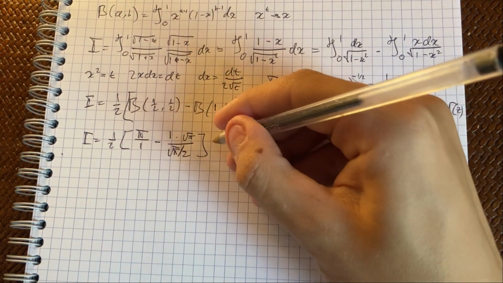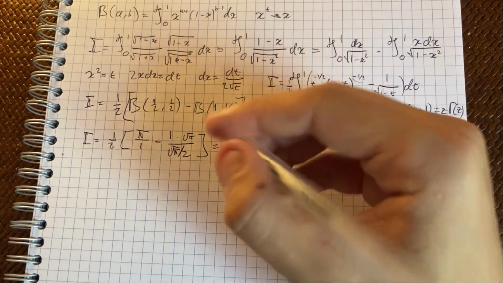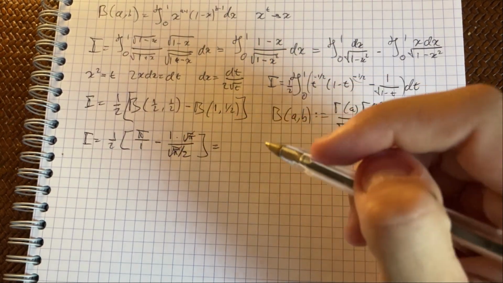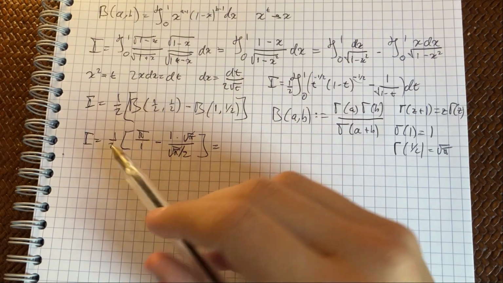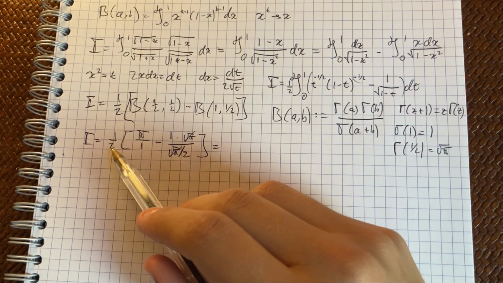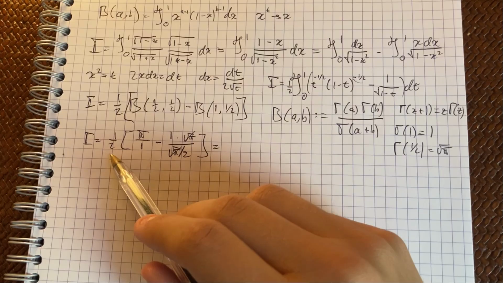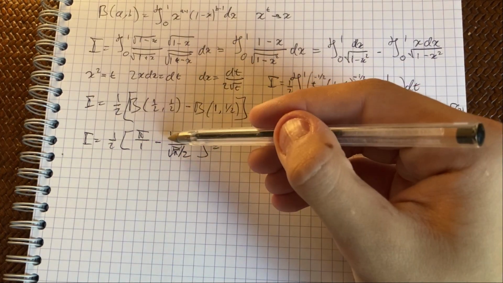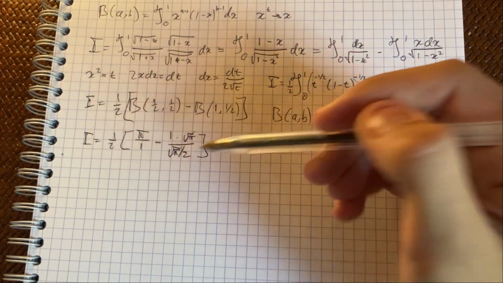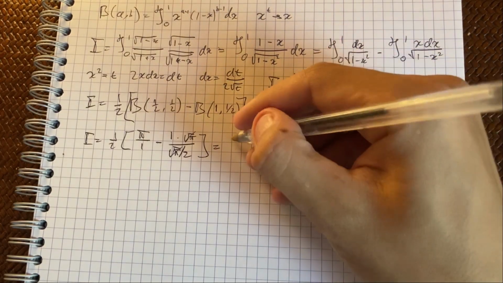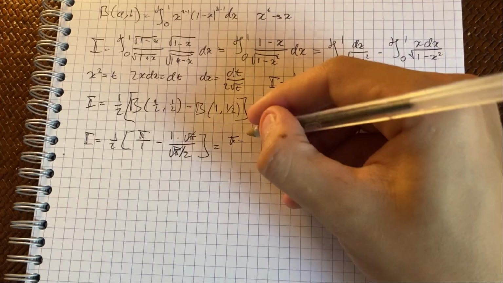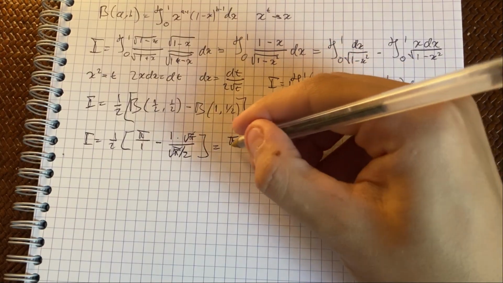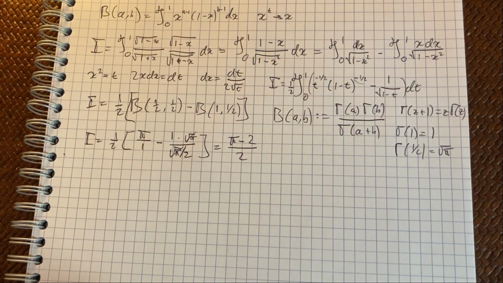Alright, and then square root pi's cancel out, and here we have pi minus 1/2 all divided by 2. Now here we have pi minus 1 by 1/2, so pi minus 2. So the result of our integral is nothing but pi minus 2 all divided by 2.